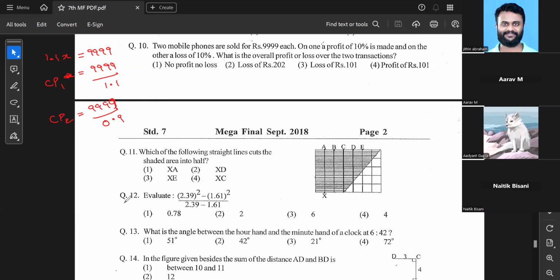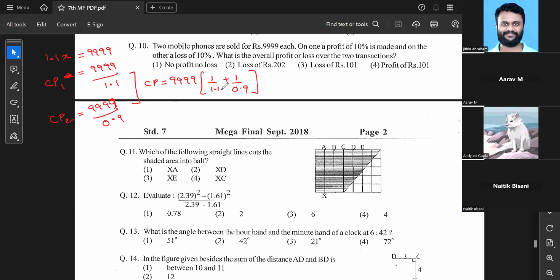Okay. So since we have cost price 1 and cost price 2, and the selling price for both is the same, we have to find the overall loss, right? So the total cost price you can find by adding them. Total CP, I can consider this as common, and 1 by 1.1 plus 1 by 0.9.